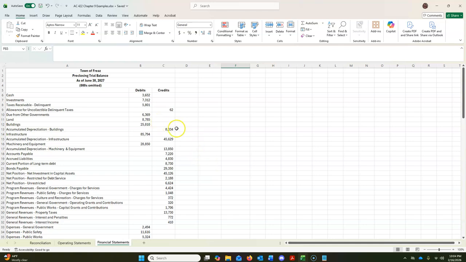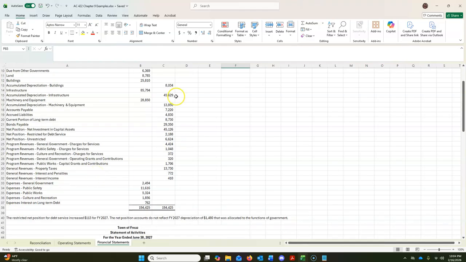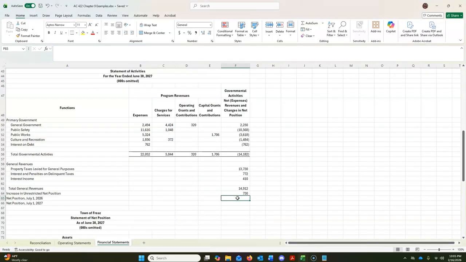I'm looking for net position here. So my net position on July 1st, which is given in the problem, 53938, and then my net position here is the sum of the increase with July 1st.